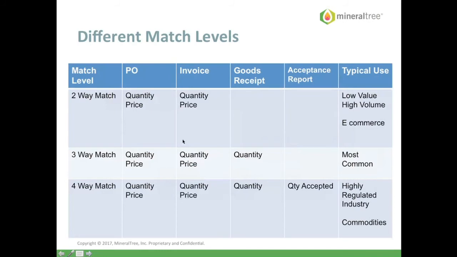And as everyone knows, there's multiple forms of PO matching. Of course, you've got your two-way match, which we tend to see a decent amount of, and you also have people doing a really intensive four-way match. I would say the most common thing we certainly hear is a three-way match. You want to make sure the quantity and price for the PO and invoice are matching, and of course that you actually receive the goods.